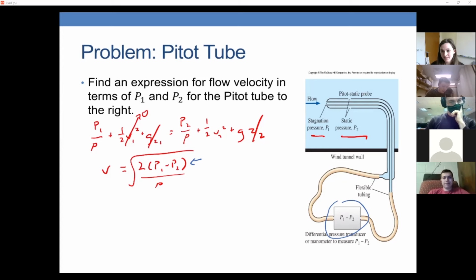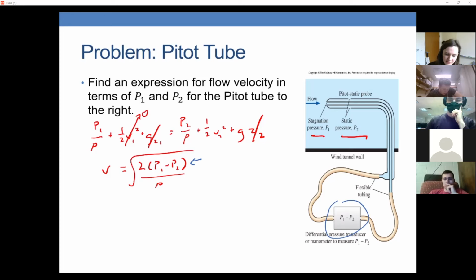All right, final questions? Dr. Nickerson, so V1 is the flow going in through the blue arrow, and V2 is what it would be coming out of the static pressure holes?